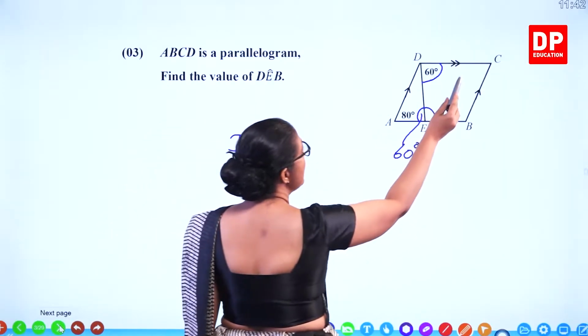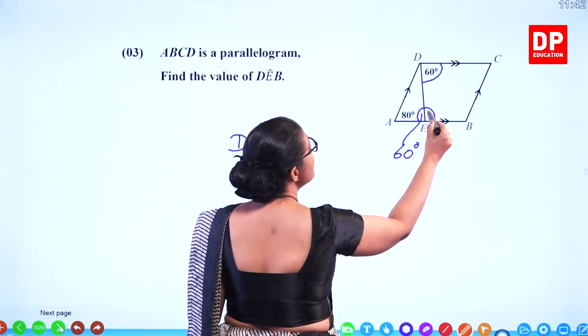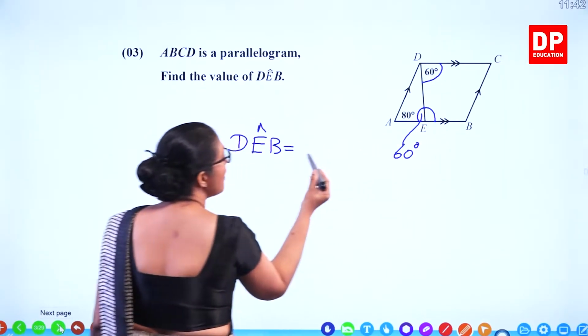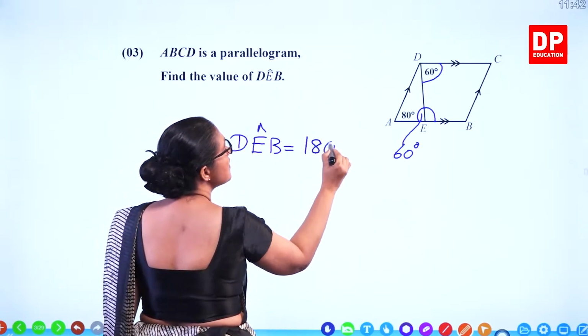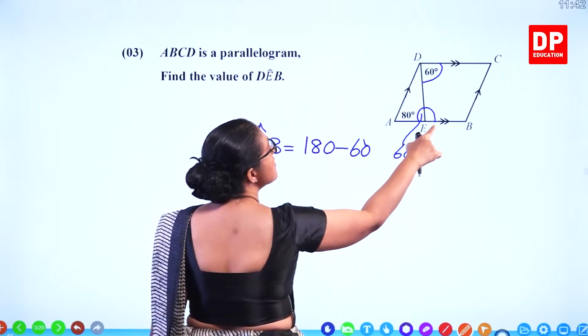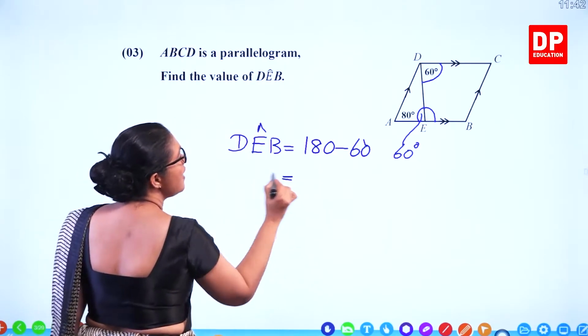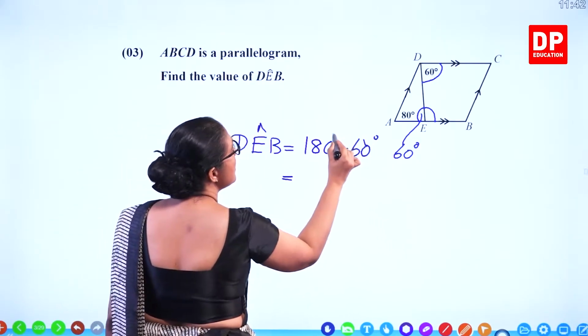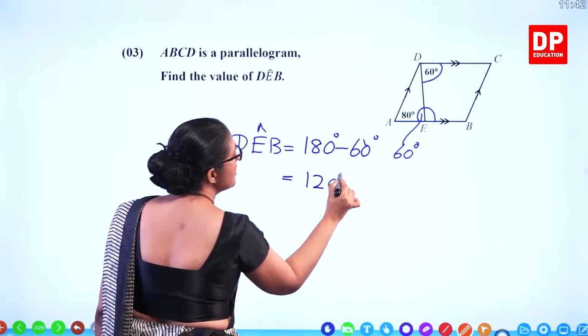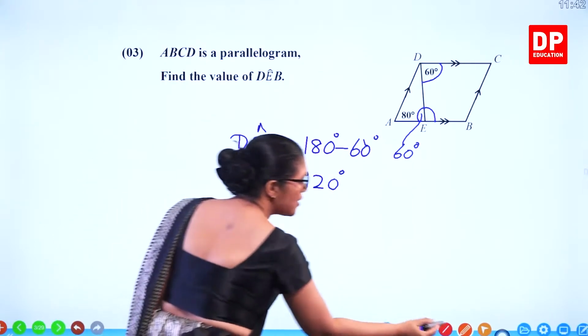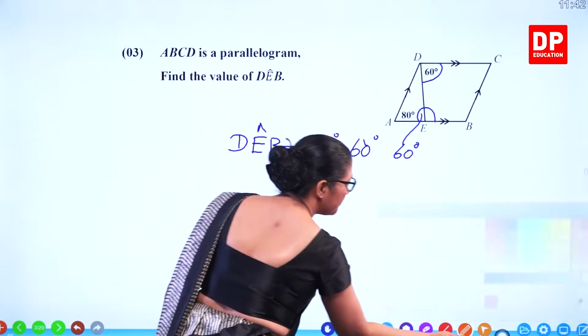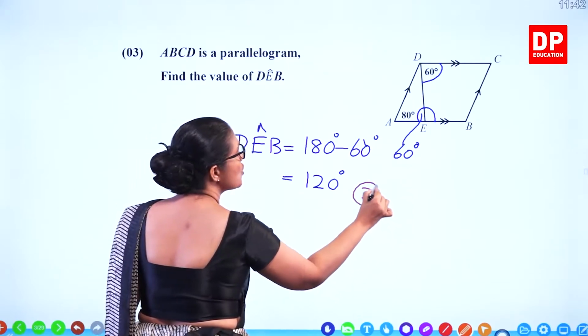DEB is here, 180 minus 60, because this is a straight angle. So 180 minus 60 is 120 degrees. So you get 2 marks for this question.